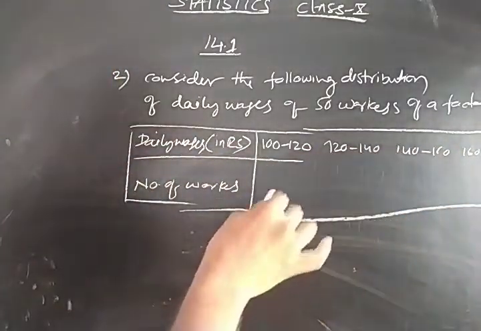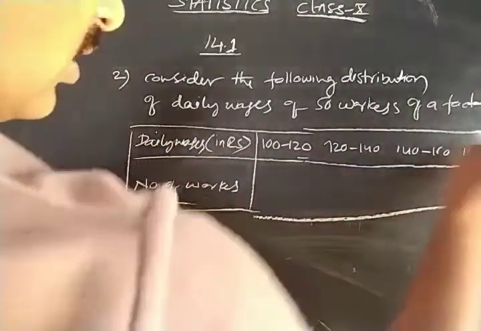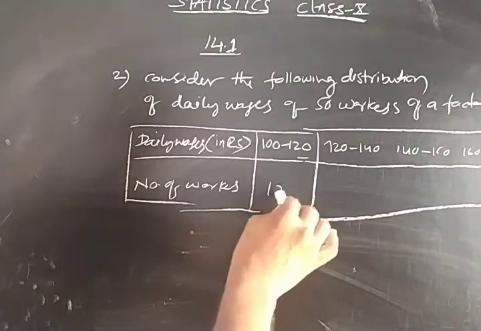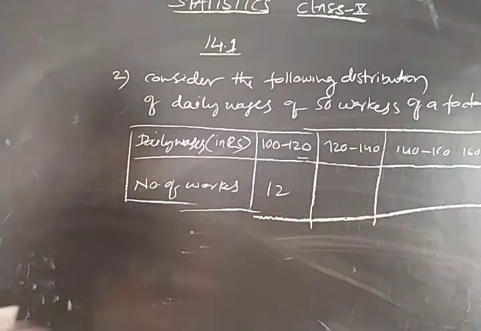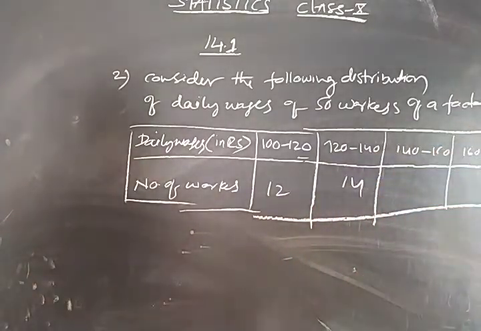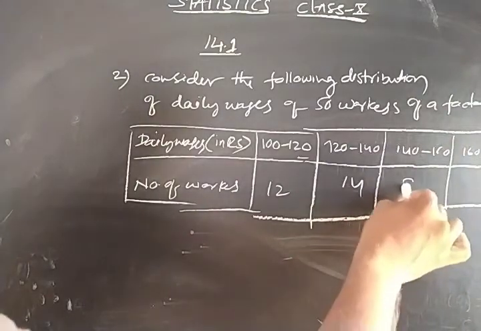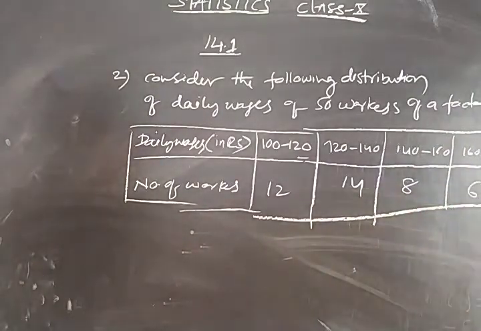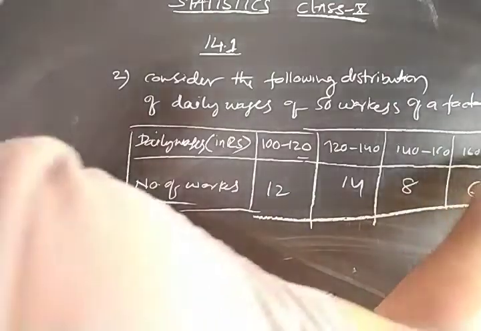These are the daily wage intervals. Now the number of workers: from 100 to 120, 12 workers; from 120 to 140, 14 workers; 140 to 160, 8 workers; 160 to 180, 6 workers; and 180 to 200, 10 workers are given.